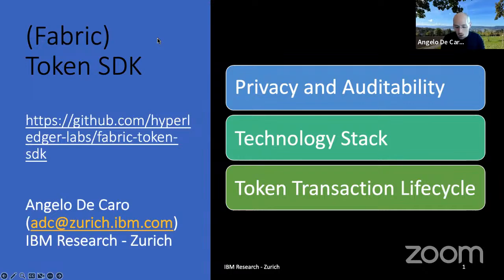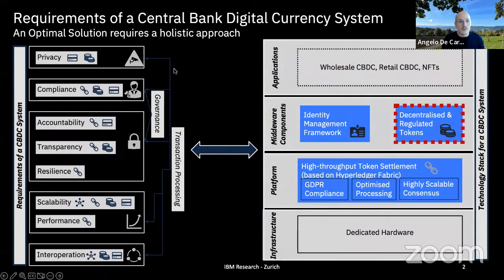But before the deep dive, let me first locate where we are in terms of the stack, and also give you some other highlights to better position the token SDK. So this is what Ellie presented just a few minutes earlier. We are there, I will talk about the centralized and the regulated tokens.